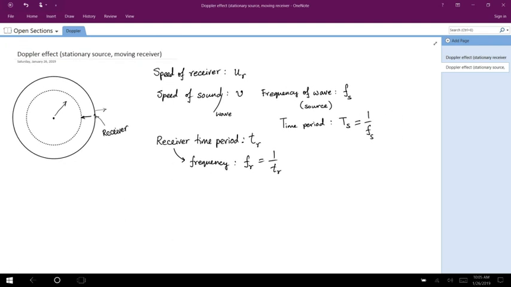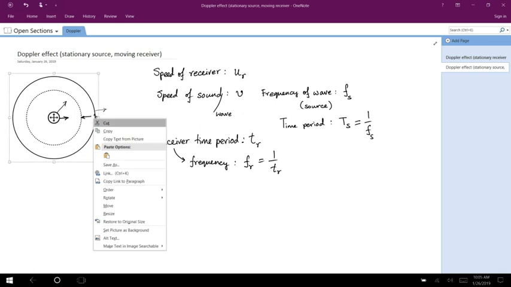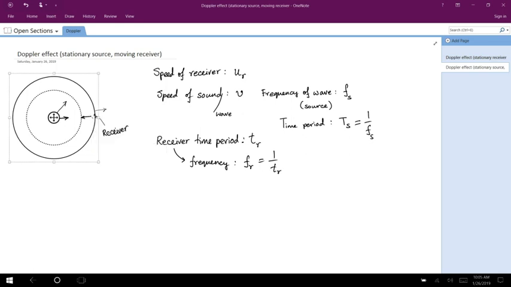During the time TR, the wave is moving from the source toward the receiver, and the receiver is moving from the original position where the receiver received the first wave toward the source.